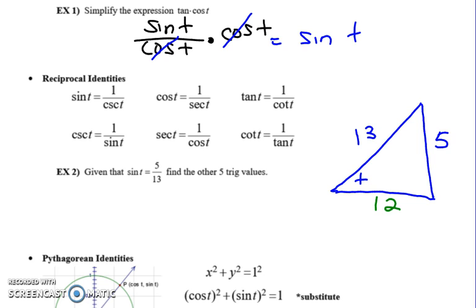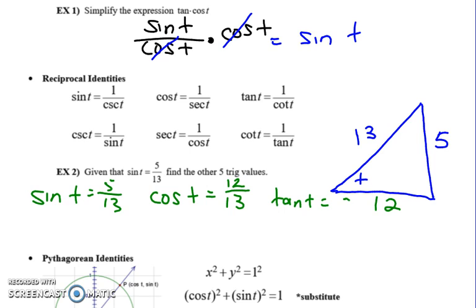Now we can write our other trig functions. We already got the sine, 5 over 13. That's going to make the cosine of t 12 over 13. The tangent of t would be 5 over 12.